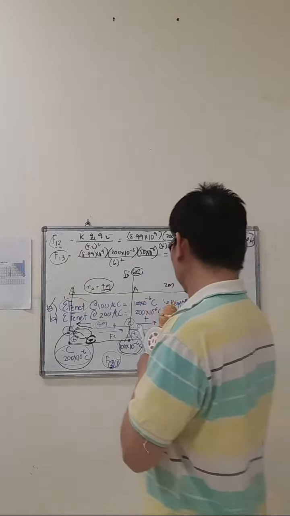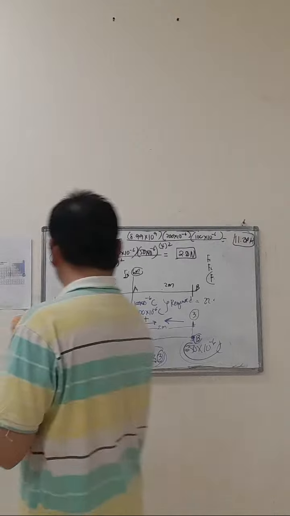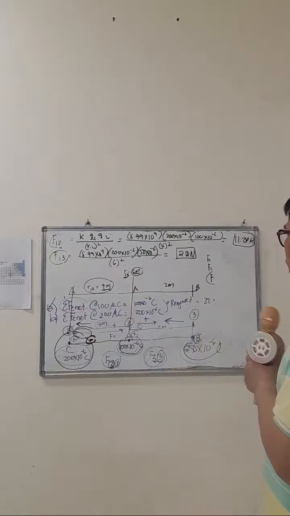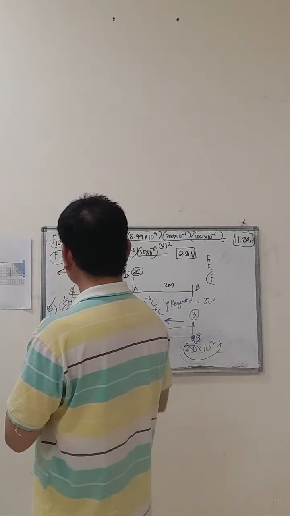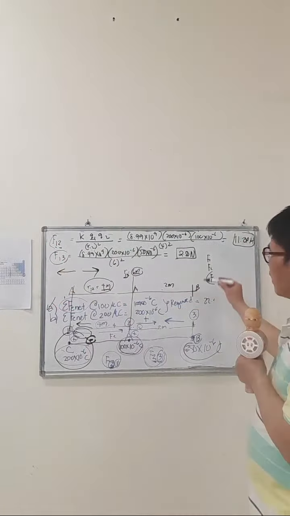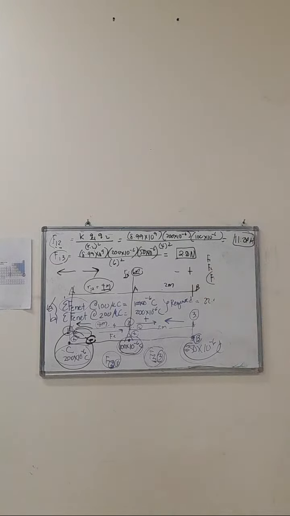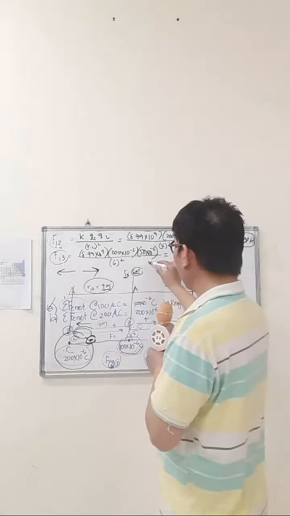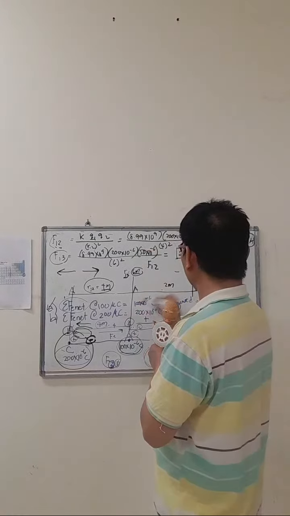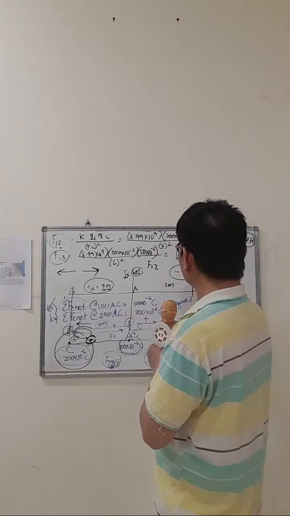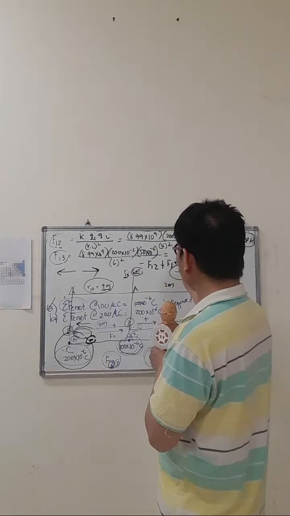Take note guys, it is negative, right? Negative is pointing, going to here. So it's gonna be like that. It is negative and plus. So F12 is negative and F13 is positive, right? So negative F12, then plus F13.